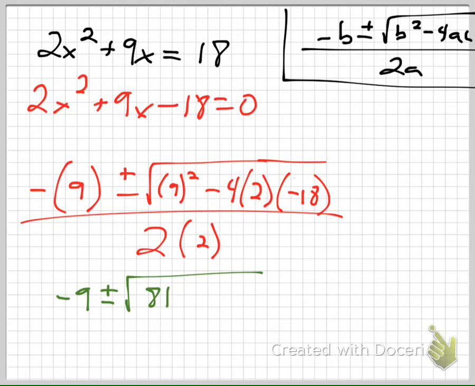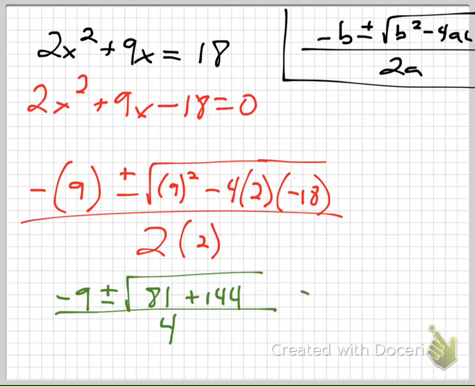It's a positive what? Plus 144. All divided by 2 times 2, which is 4. Right? This in here ends up being a positive. So how many solutions are we going to have? 2. Ends up being a positive, so there's going to be 2. Anyway, what is 81 plus 144?